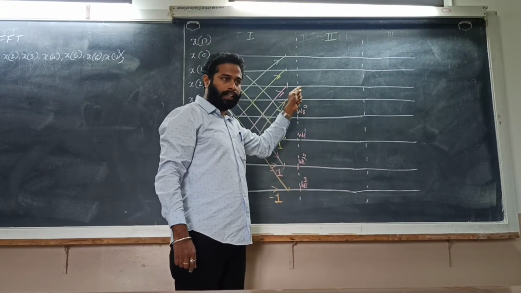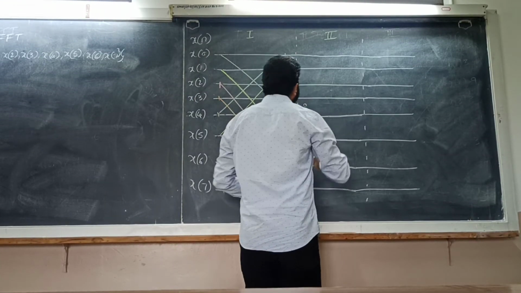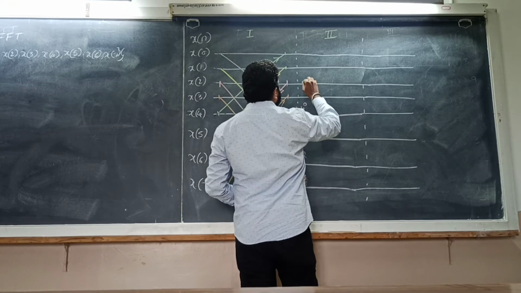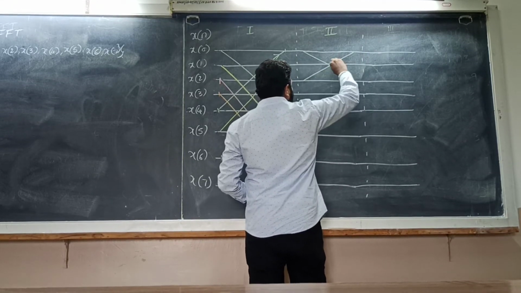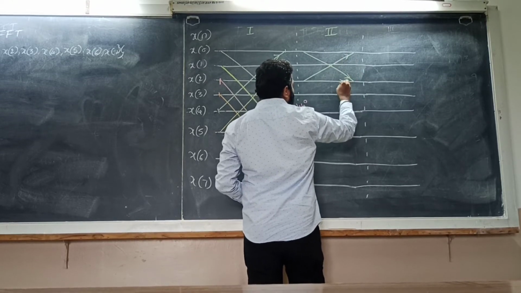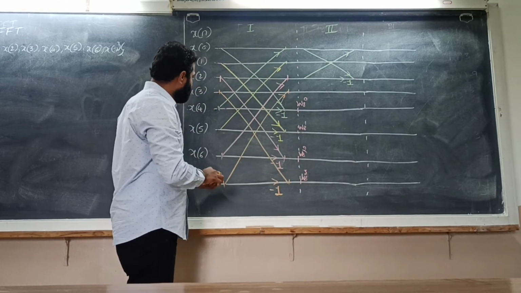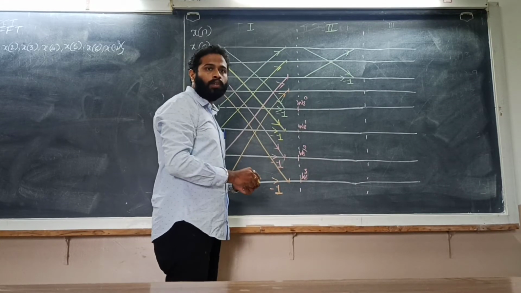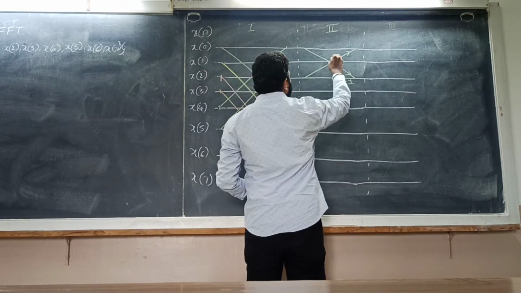Now, for the second stage, we will take third value to the first value, first value to the third value by negating third, and so on. So first, second, third, taking third value to the first value to the third value by negating third. And then fourth value to the second value to the fourth value by negating fourth.